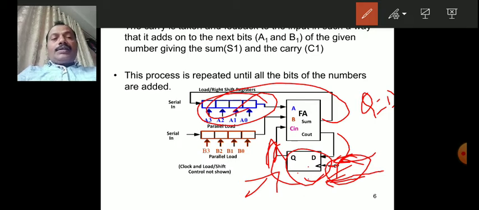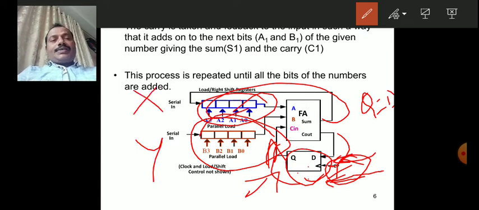Not only that, another number B is rotated. In the table it is shown as Y, and this is shown as X. So the X bits are in the X register and the Y register bits.